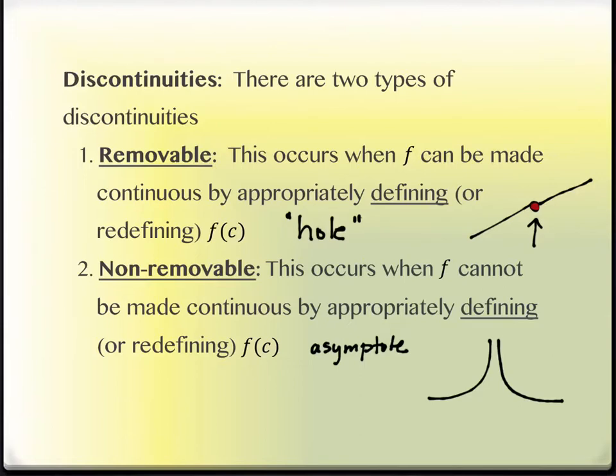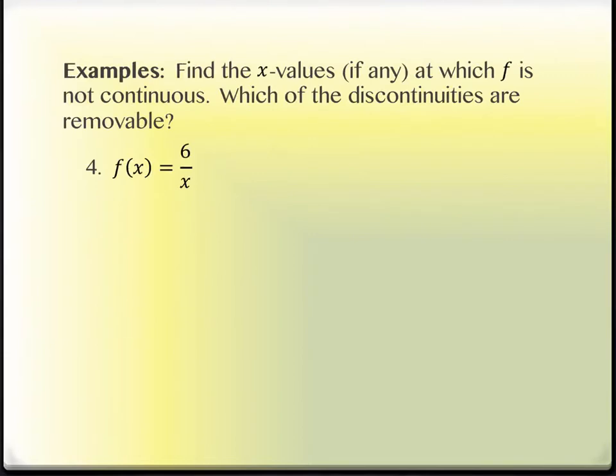So what we're going to do is take a look at some functions and decide whether or not the discontinuity is removable or non-removable. This one starts out by asking you what x values it is not continuous for, and is it removable or not removable? That's really the question. Which of the discontinuities are removable? So what x value are you not allowed to have here?